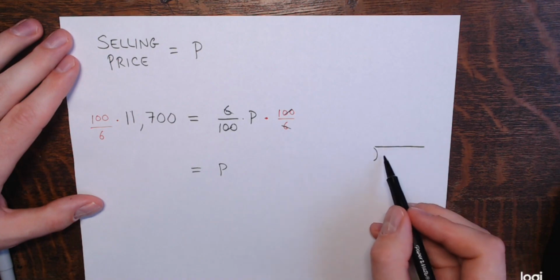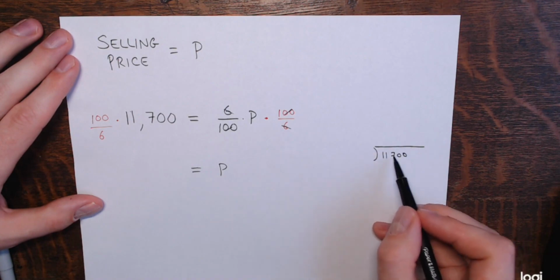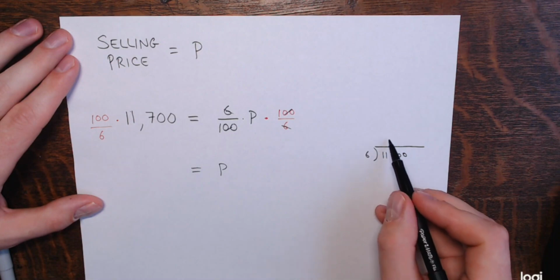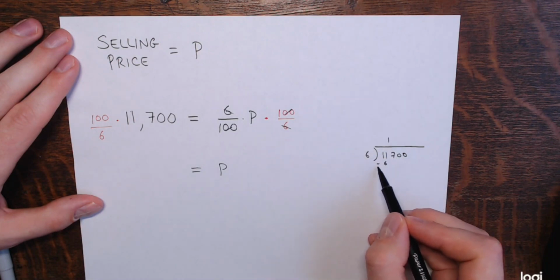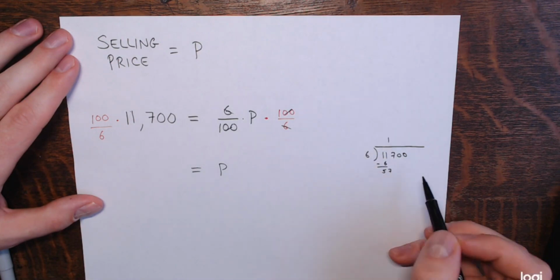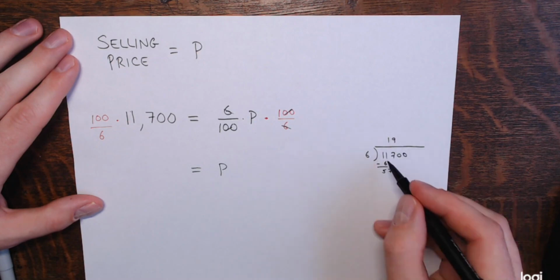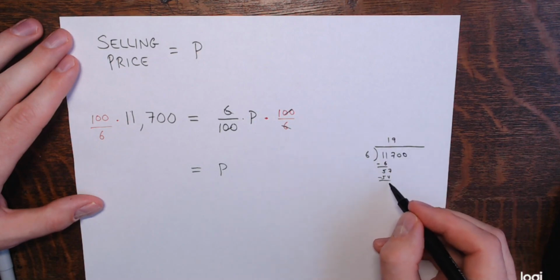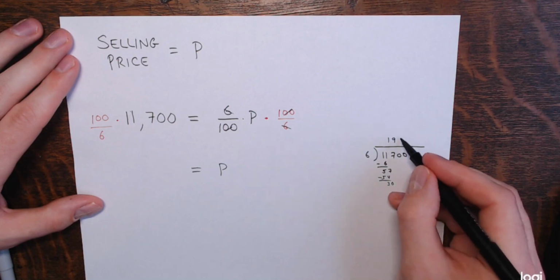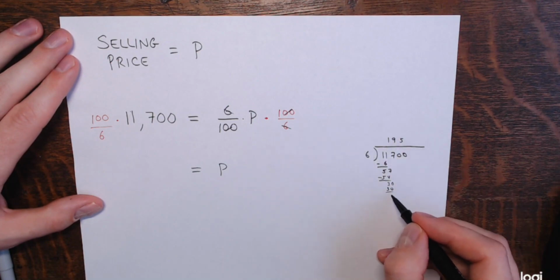And I'm just going to do this here. Take 11,700, divide it by 6. Goes into 11 once. With 5, then goes into 57 9 times. Right, 9 times 6 is 54. 3, 30, 5, 30, and then a bunch of zeros after that.